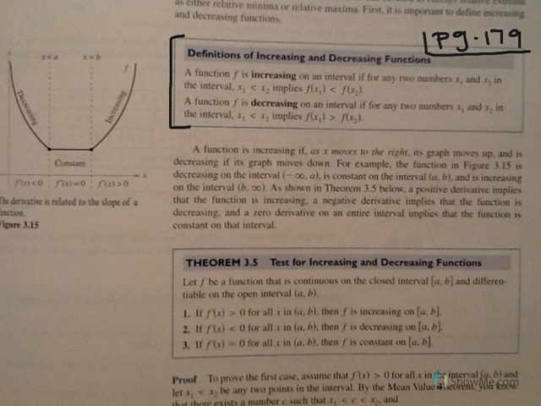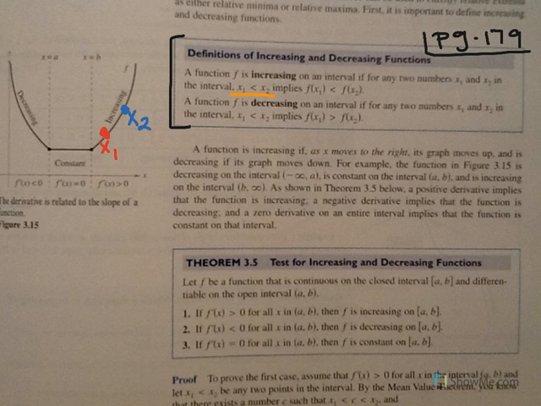If I pick this point in red, and I pick this point here in blue, that means that this is x2, and this is x1. So let's make sure that it fits all of these definitions. First of all, does it fit this part where it says x1 is less than x2? And the answer is yes, x1 is less than x2.